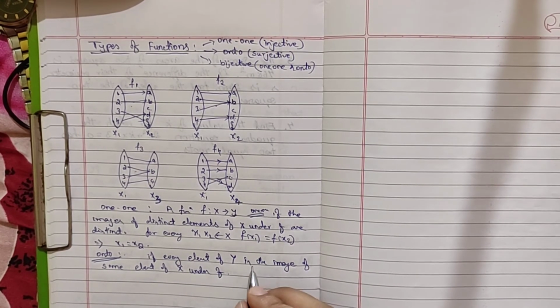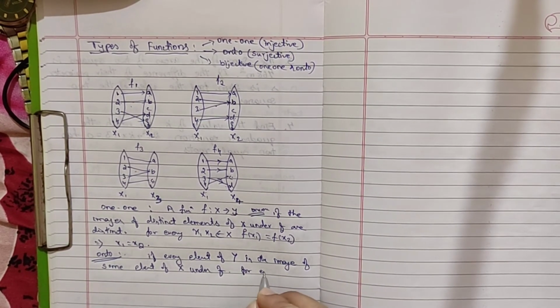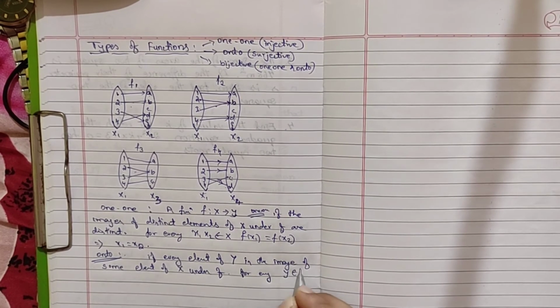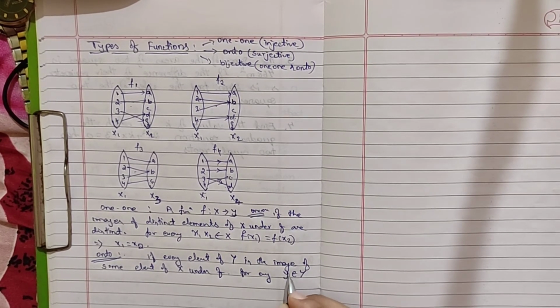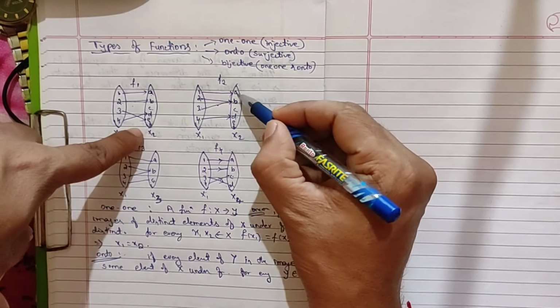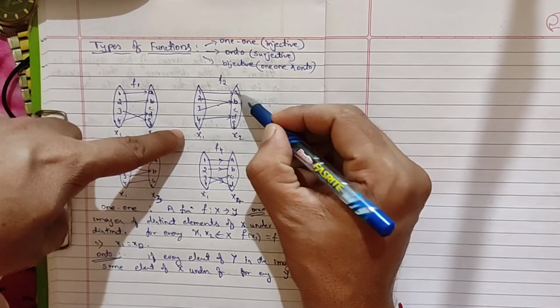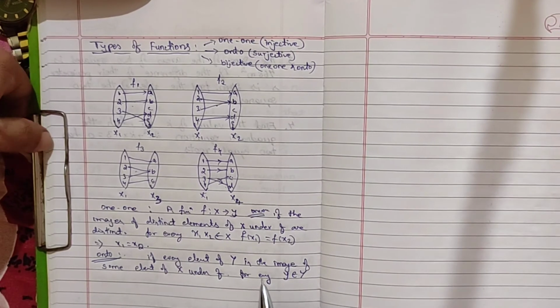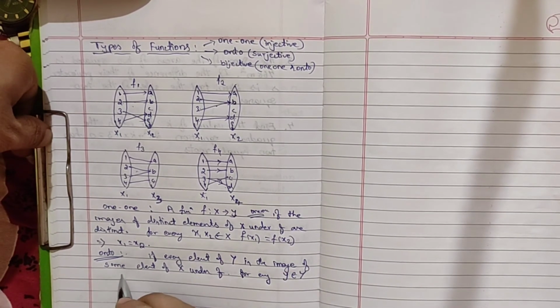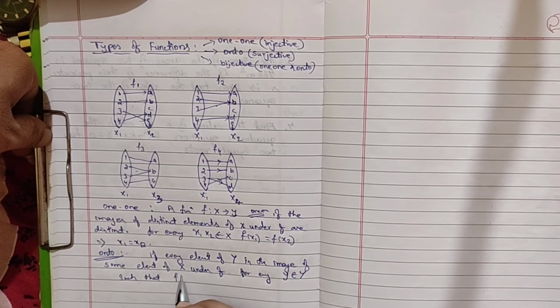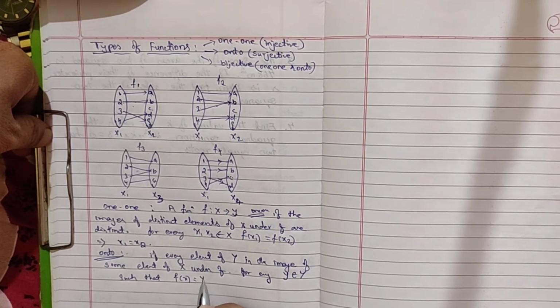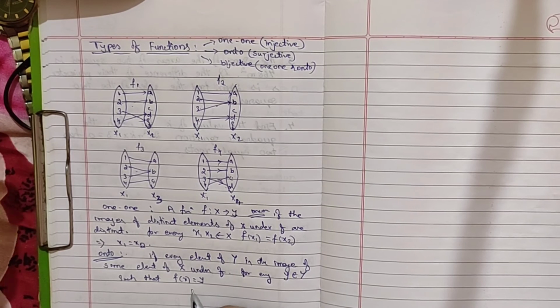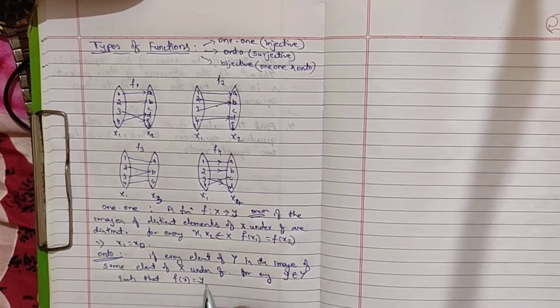That is, for every y belonging to Y, there exists an element x in X such that f of x equals y. Clear?